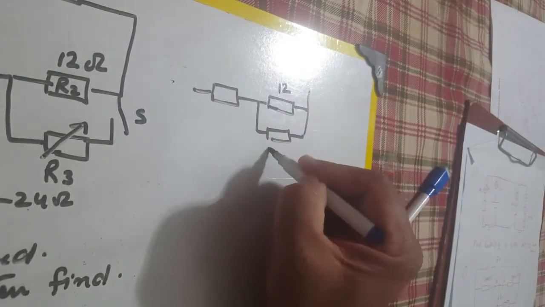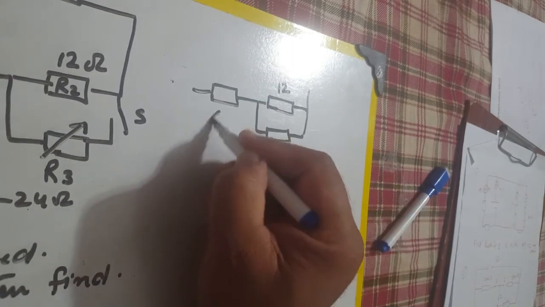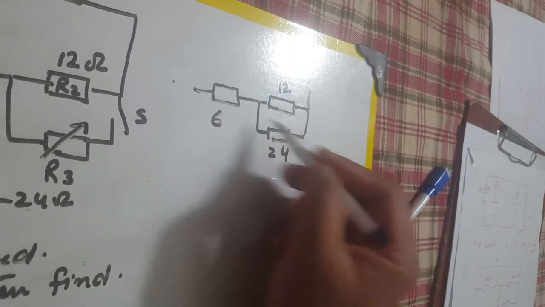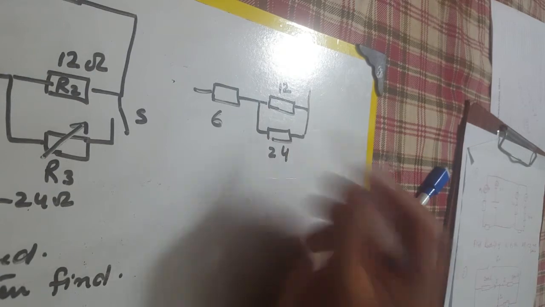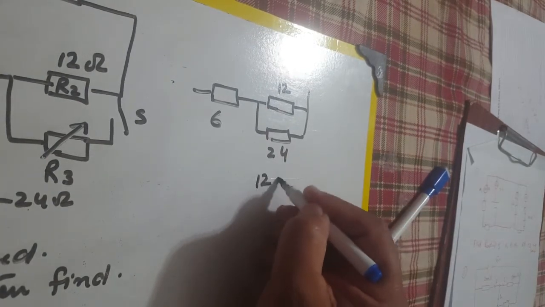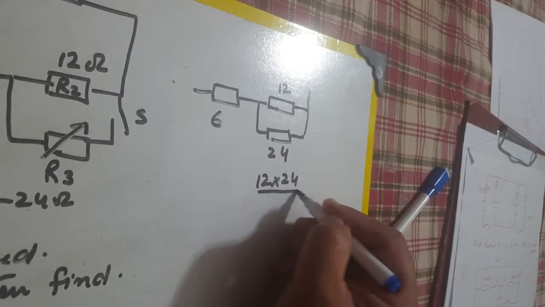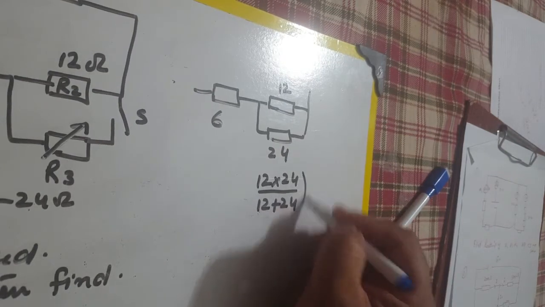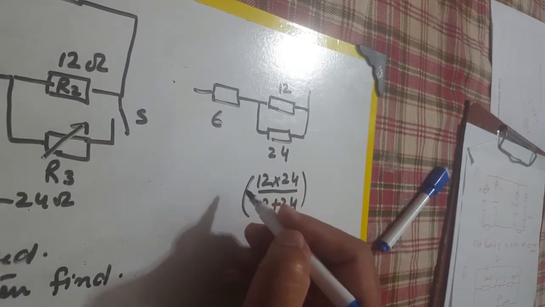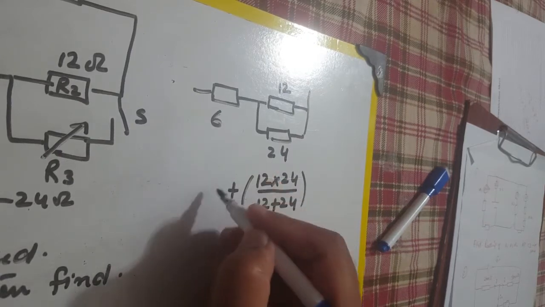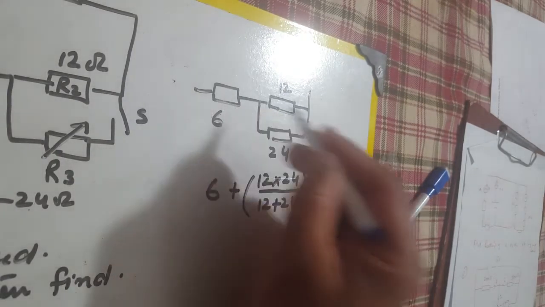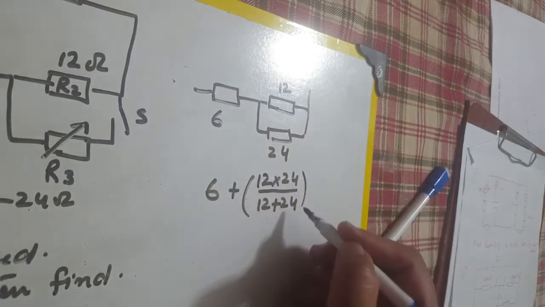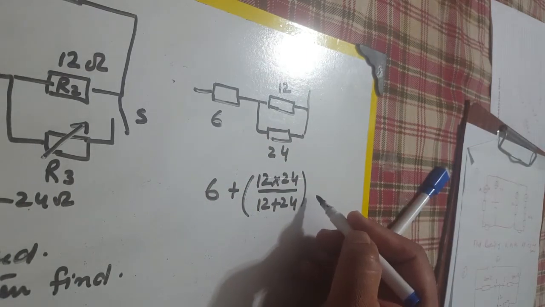This is 12, this is 24, this is 6. So you need to solve all the combination. 12 into 24 over 12 plus 24, this is the way of settling the parallel combination, plus 6. This resistance plus the combination of this resistor makes your total resistance.